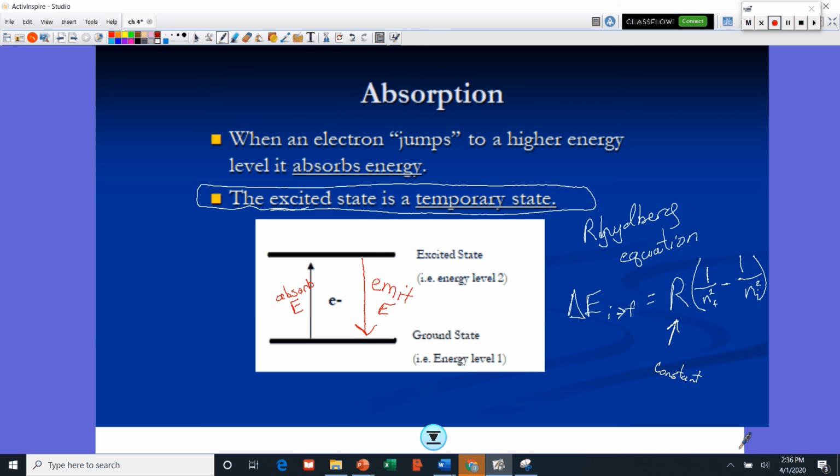We're going to do a question that requires this and one that doesn't. Then I'm going to show you a way that you don't really have to use the equation. You can just kind of see. There are a couple of different ways you can approach these questions. So let's move forward a little bit and check this out.